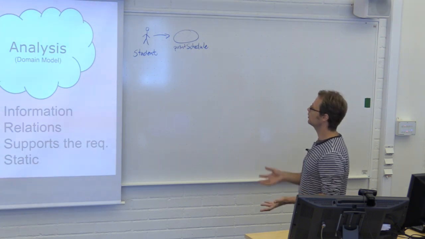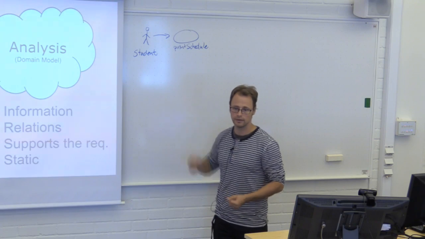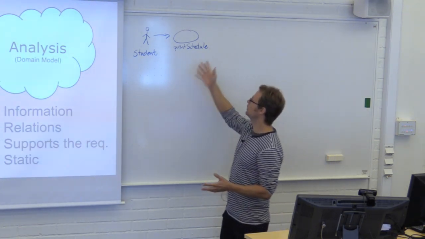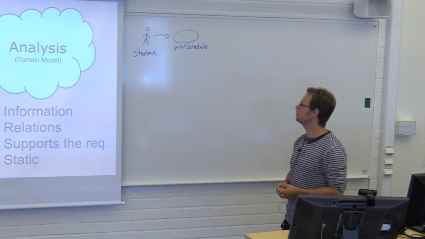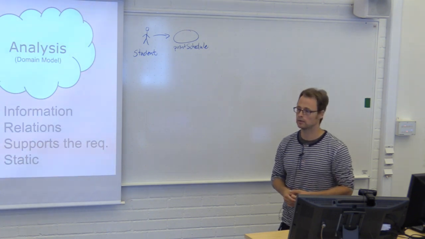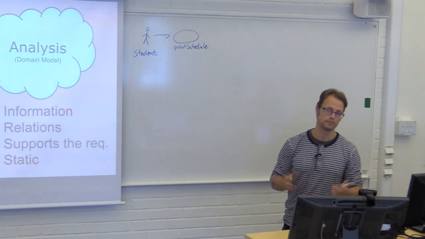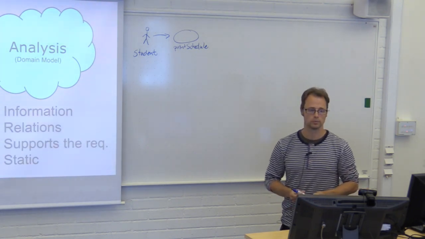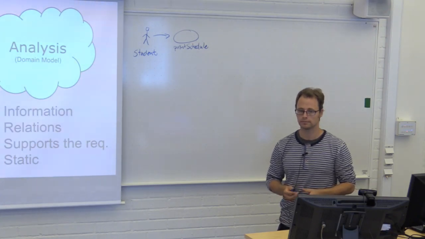An example. So we have a student actor. I hope that you can see this a little bit. He can perform a use case. We call it print schedule. So what do we need to know in our system for a student to print his or her schedule? You are students, so what is important to be able to print a schedule?